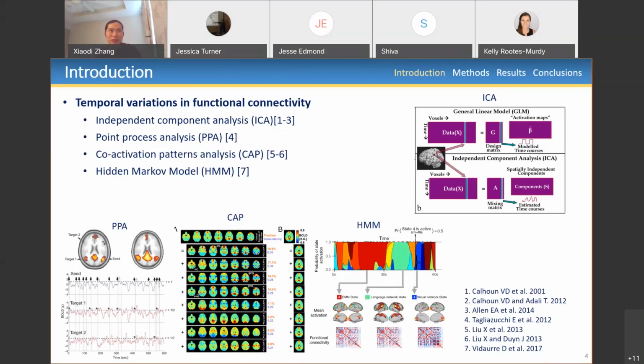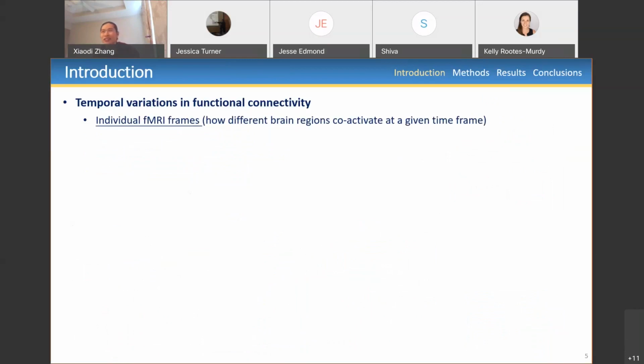So you are focusing on these individual fMRI frames. The hidden Markov model is similar, except it tries to figure out how the brain state will transition to another. The idea is that many current approaches focus on individual fMRI frames, meaning how different brain regions co-activate with each other at any given time frame.